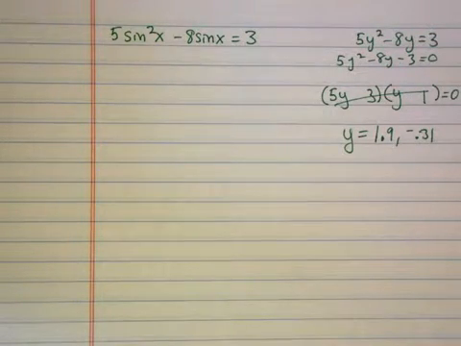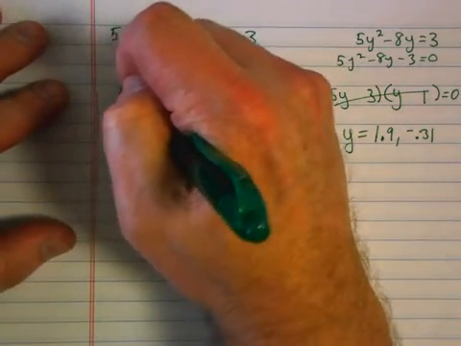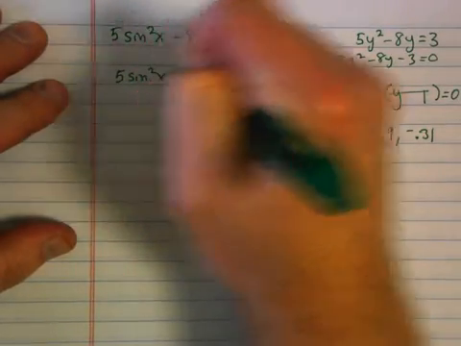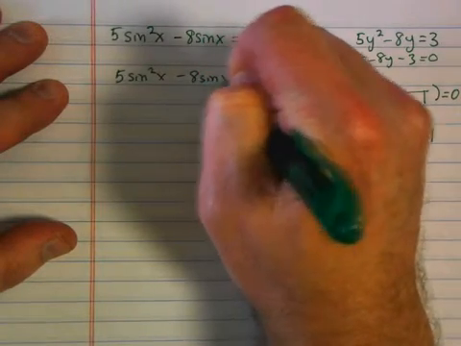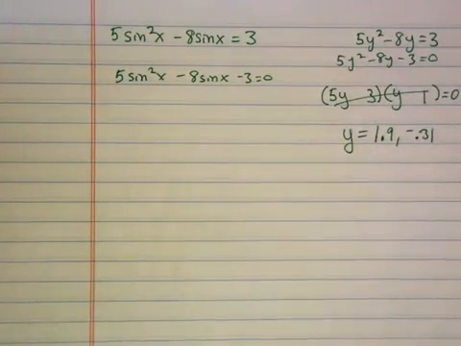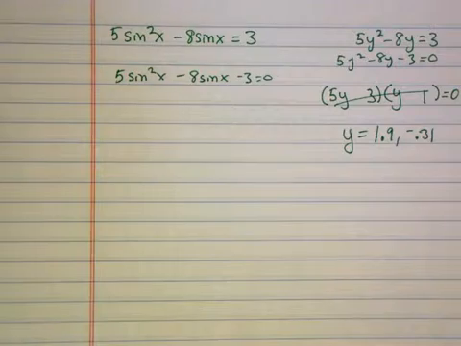The way you do it isn't different at all. You do it exactly the same way. You bring the 3 over. Then you hope it factors.